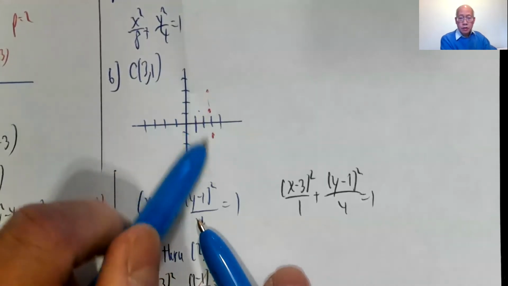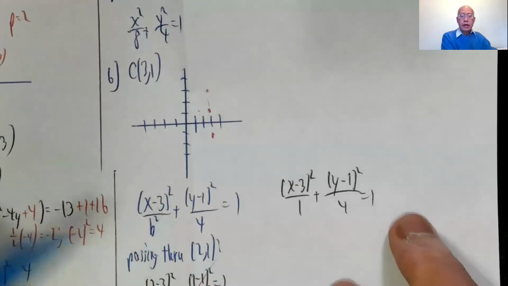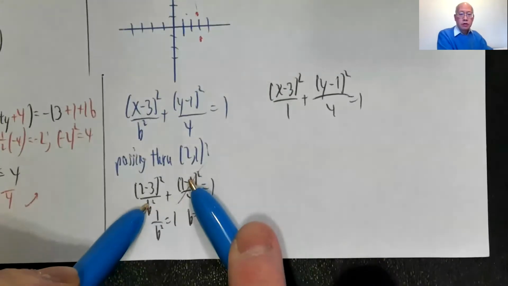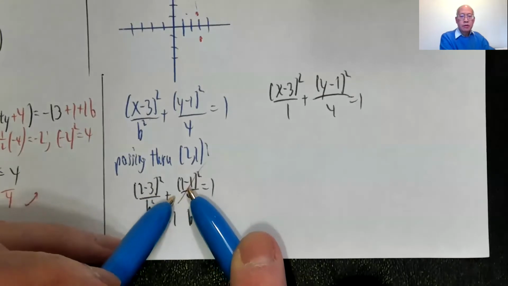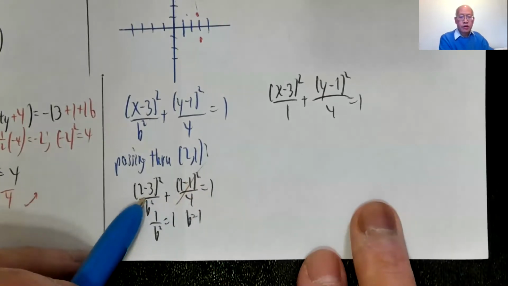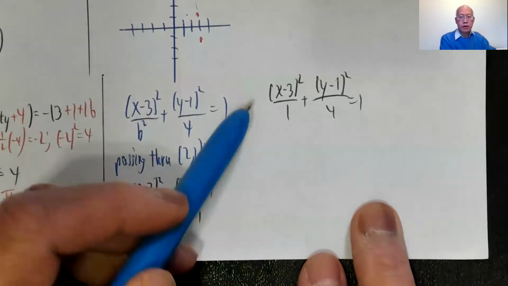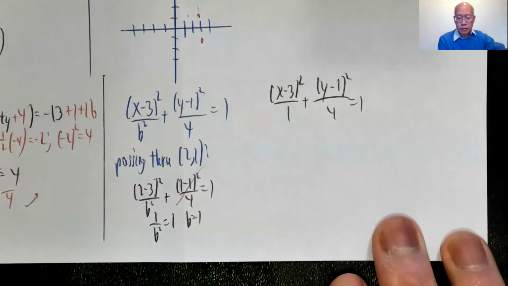Since I know these are vertices, my a is 2, so this is 4 equals 1. Now I know that the ellipse passes through (2, 1). So plug in 2 here, 1 here. (2 minus 3) squared over b squared plus (1 minus 1) squared over 4 equals 1. Well, that's 0. Negative 1 squared is 1. 1 over b squared is 1. That tells me b squared is 1 or b is 1. So (x minus 3) squared over 1 plus (y minus 1) squared over 4 is equal to 1.